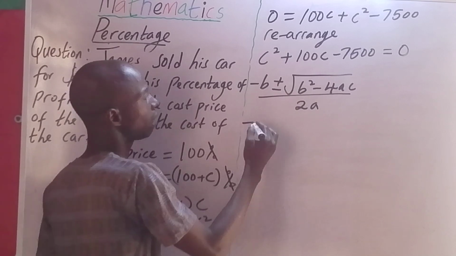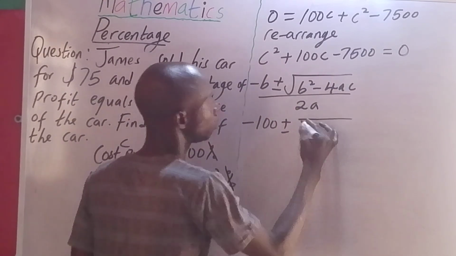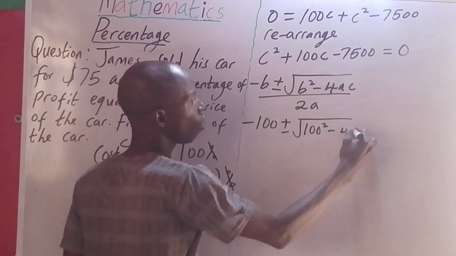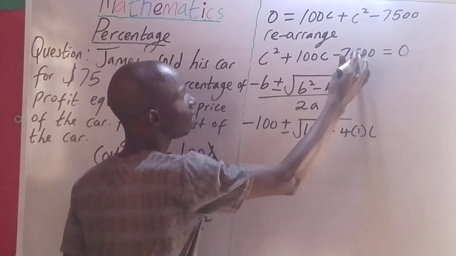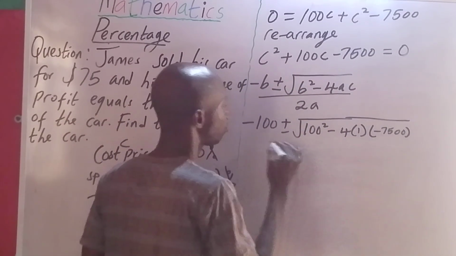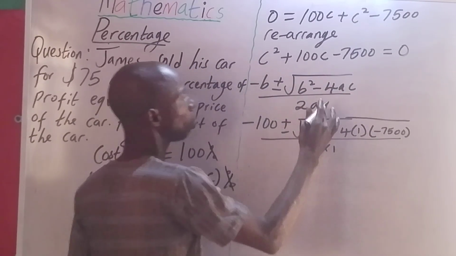So let's go. Minus 100 plus or minus the square root of b squared, which means 100 squared, minus 4 open bracket, what's my a? My a is 1. Open bracket, what's my c? My c is minus 7,500. Close the bracket, all divided by 2 times 1. Remember, my a is 1.